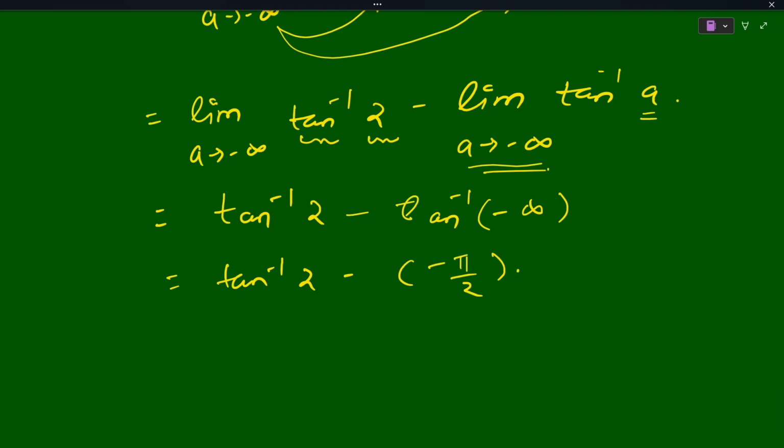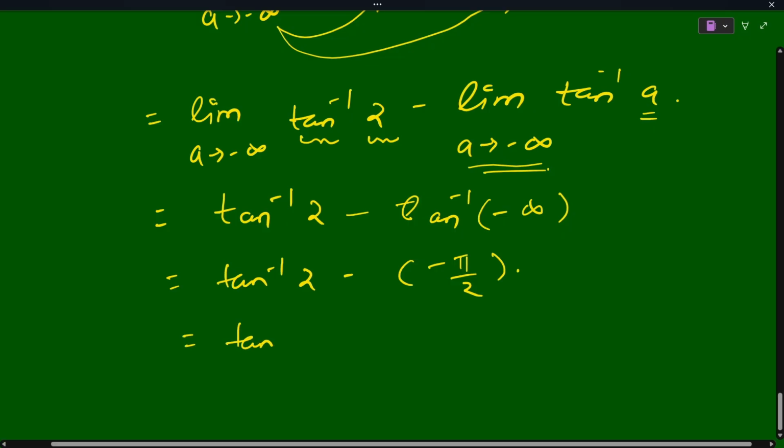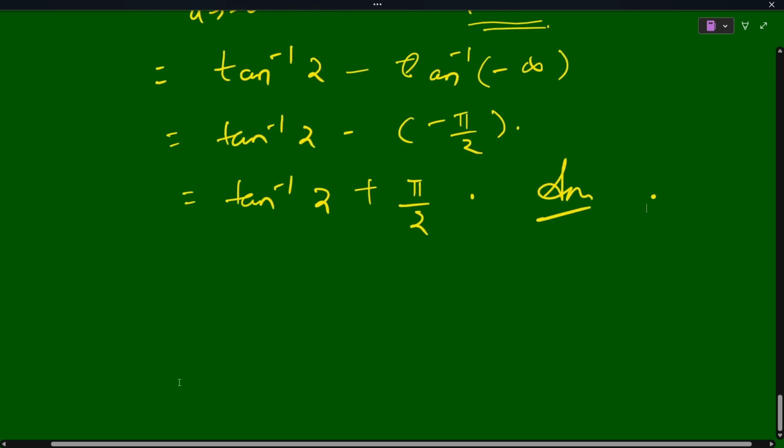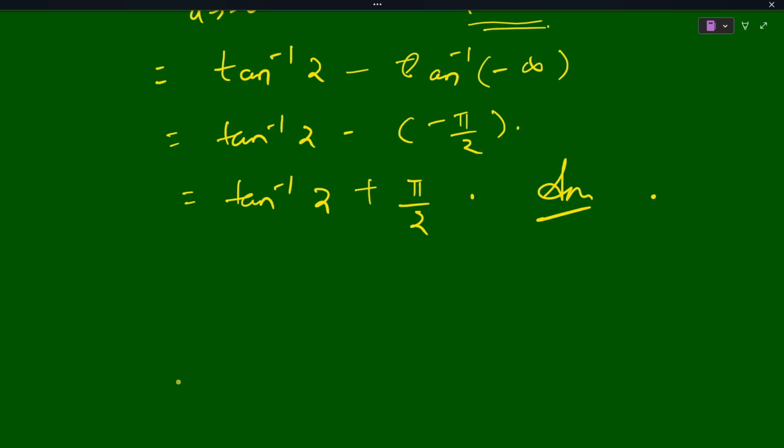Or else in the exam hall you will have the scientific calculator and there you can find this. So now what is this value? This is tan inverse 2 and minus minus plus pi by 2. Now see, this is a definite value, which means there is no infinite terms here. For this reason this integral is convergent.